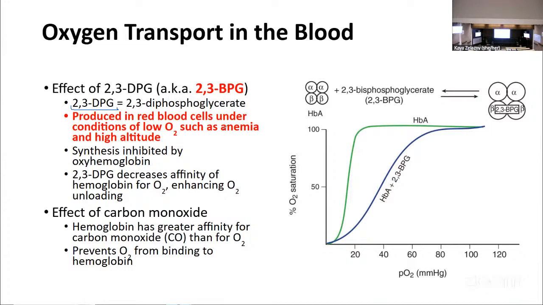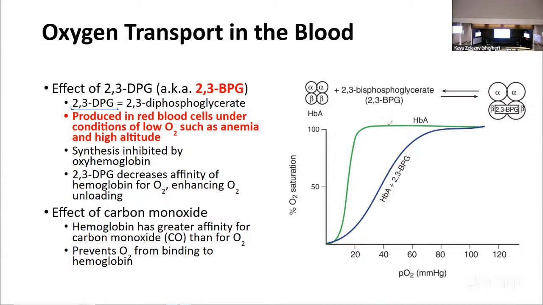Populations that live at high altitudes all the time sometimes do this even more than other people do. Okay. So the reason you don't see this under conditions like sea level is that making this 2,3-DPG, its synthesis, gets inhibited if you have oxyhemoglobin. So if you have a bunch of oxygen bound to hemoglobin, it's going to suppress this effect.